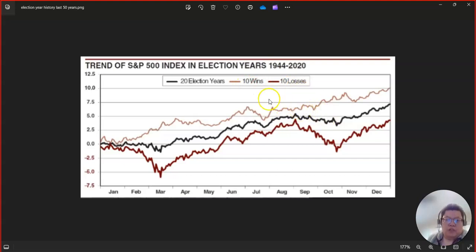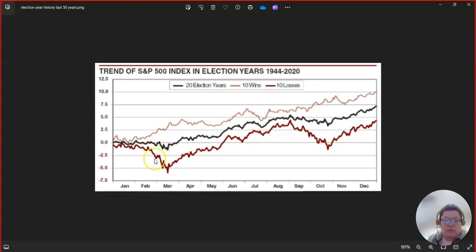I'm not sure, but in September to October, two months before the election, the market tends to go down because it's unsure who will win. So this chart tells us there's some sort of pullback or correction somewhere between mid-February and mid-March, then another dip in July, and then a big run in September and October. That tends to be the trend.